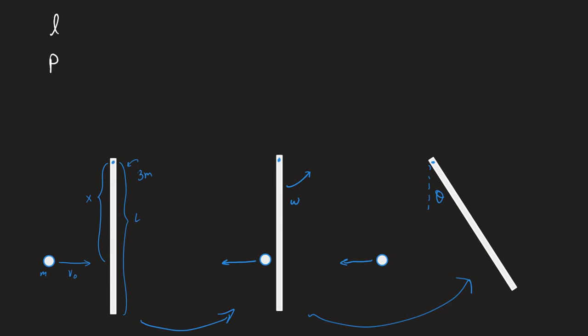Well, the fact that the bar is held in place means that there will be an external force on the system. So linear momentum will not be conserved. I'm bringing that up because that doesn't have to be the case. You have homework questions where it happens on like a frictionless surface and there is no pivot point. So you have to be prepared for that. Don't assume they're all going to be like this. So I'm going to ignore the linear momentum here and focus on the angular momentum.